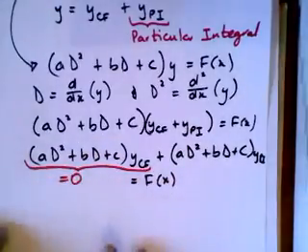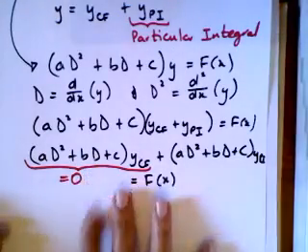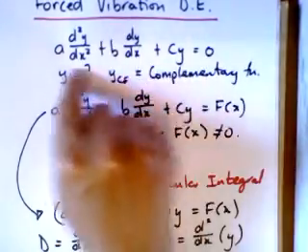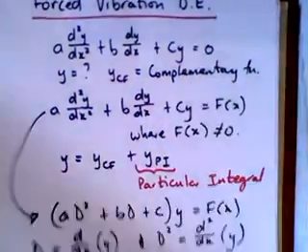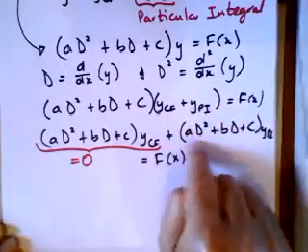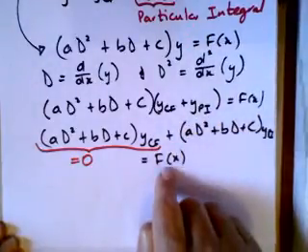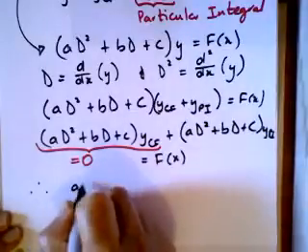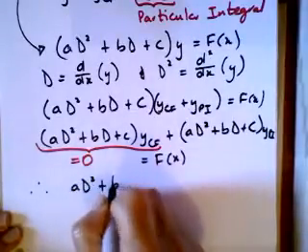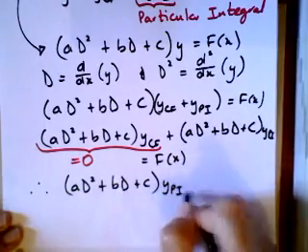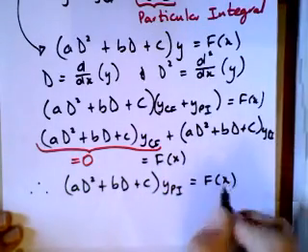We know that because that is the solution for your free system. Which means that your particular integral has to satisfy (aD² + bD + c) y_PI equals f of x.